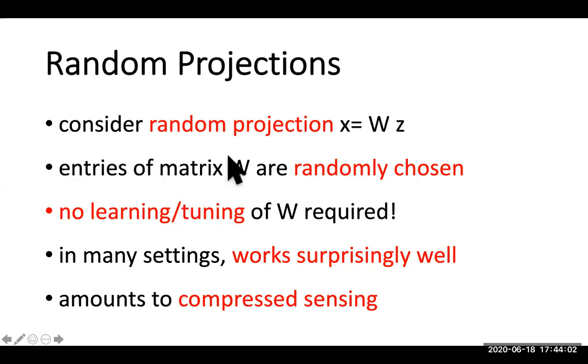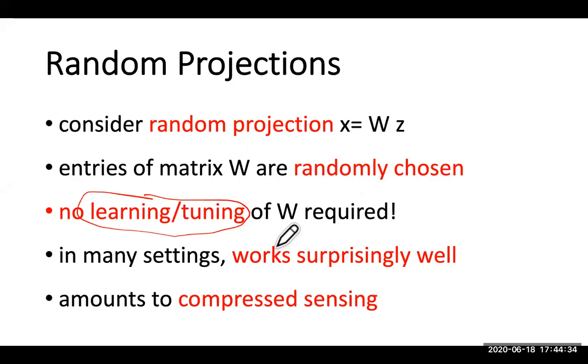And then we use this compression matrix to get new features or short feature vectors. The important point here is that there is no learning, no tuning, or no eigenvalue decomposition involved. If you can easily generate random numbers, then you have no computational complexity problem. You just generate the matrix W and apply it as often as you like.